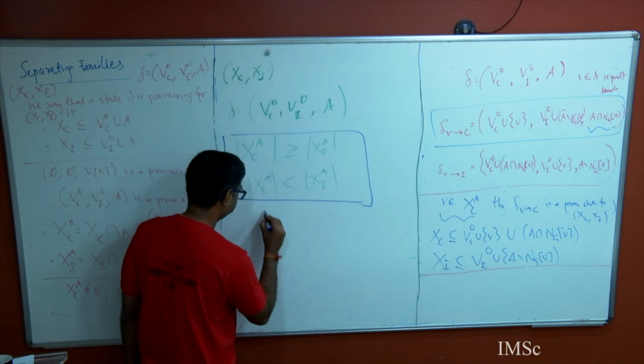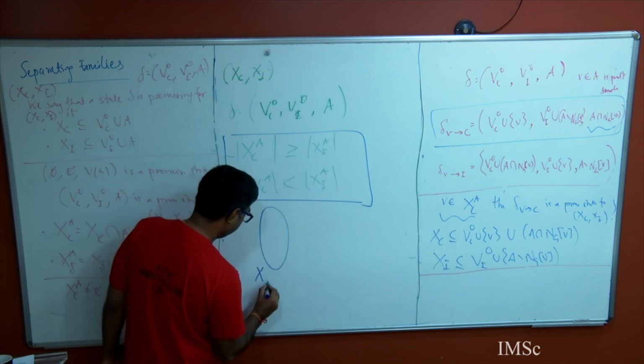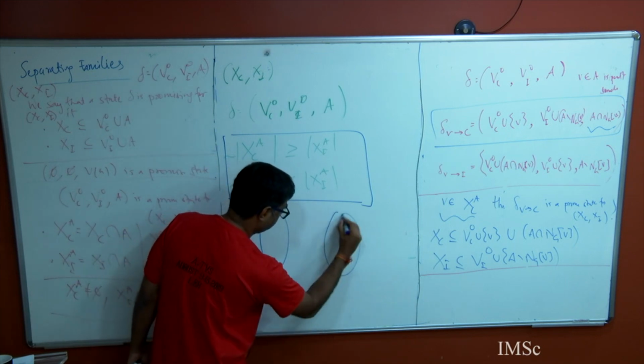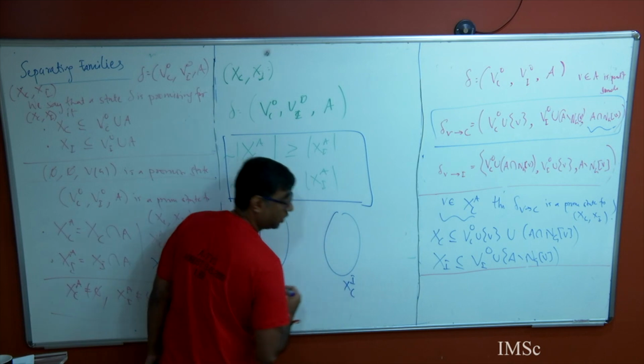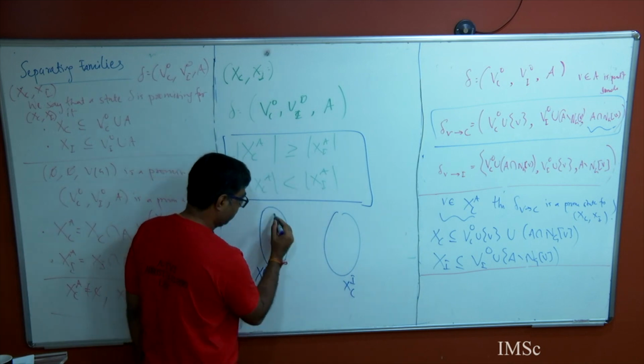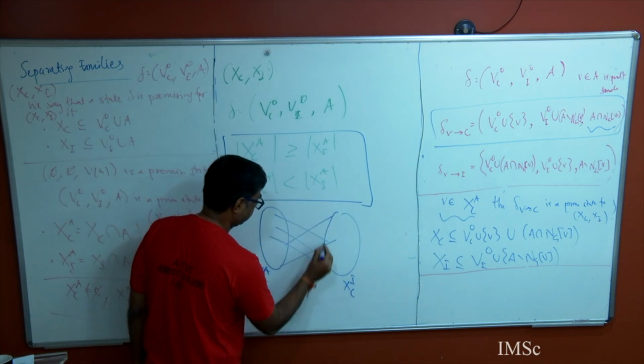Okay. Here I have XCA. Here I have XCI. Let's look at all the edges in the graph between them.